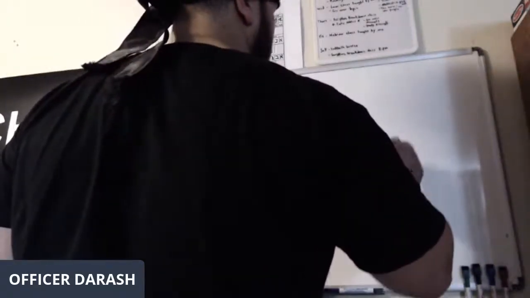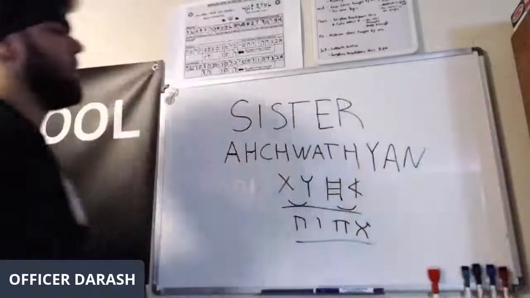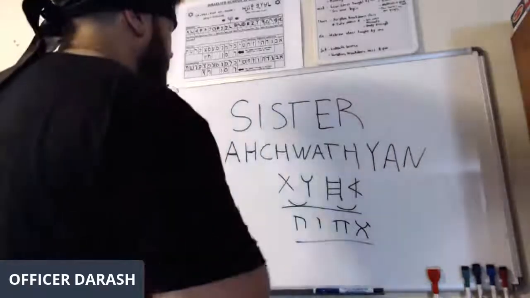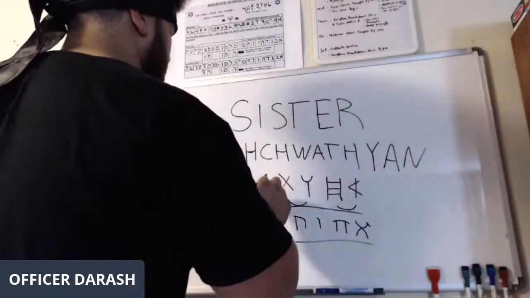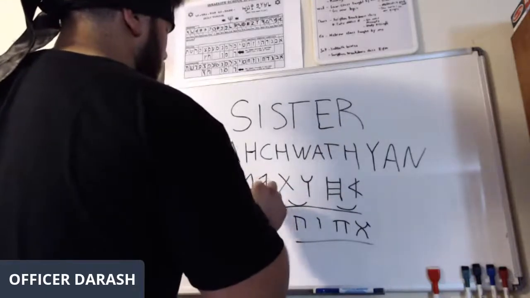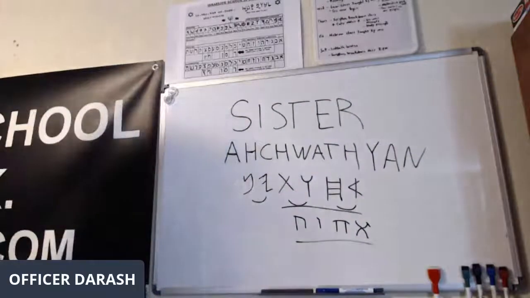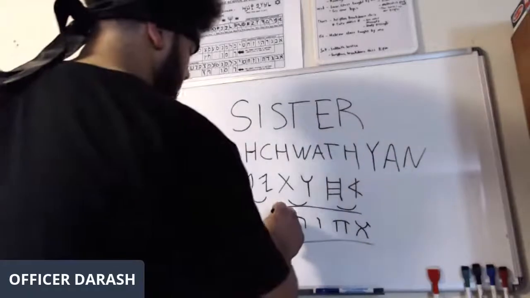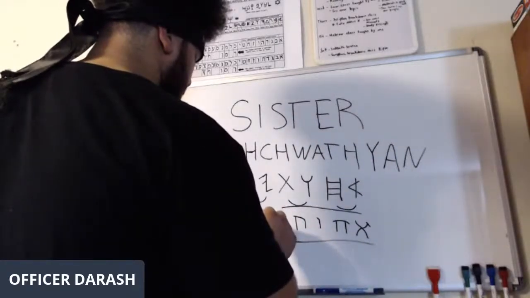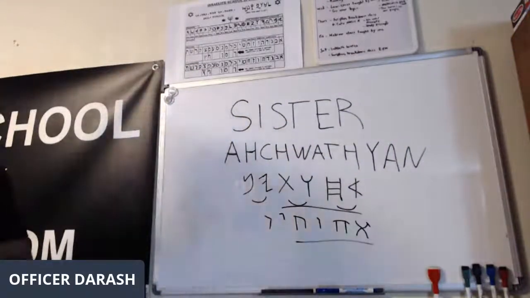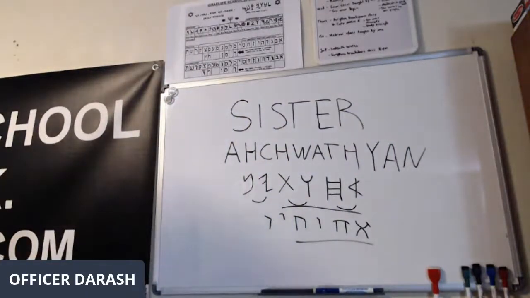It's not yam, yan. So here you would just do akwath, and then you'd put yan. Akwath yan. That's plural, so not sister, but sisters. And then same thing here. Akwath yan. All right, that's sister or sisters.